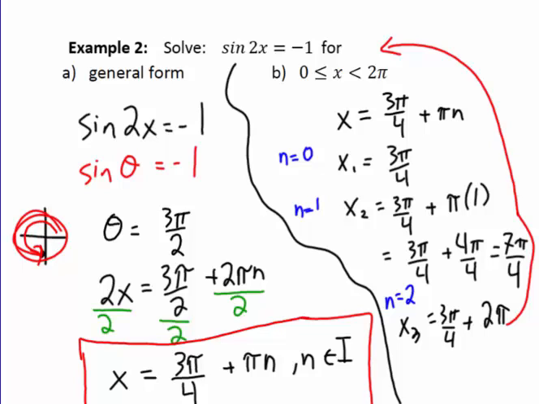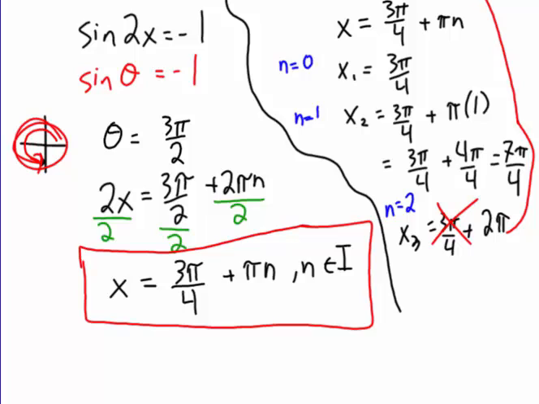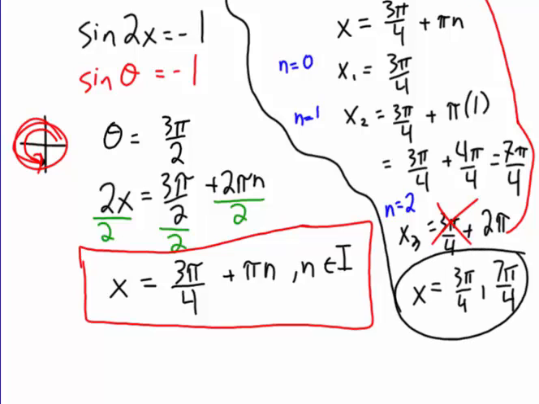So n equals 2 is too high, so it doesn't work. So that tells us that our only solutions that fall between 0 and 2 pi are the two we've generated, 3 pi over 4 and 7 pi over 4. And there are the solutions.